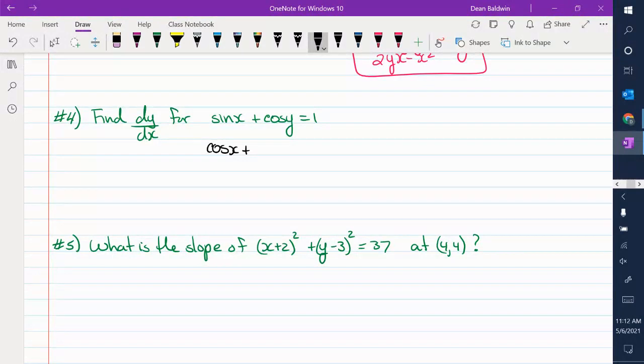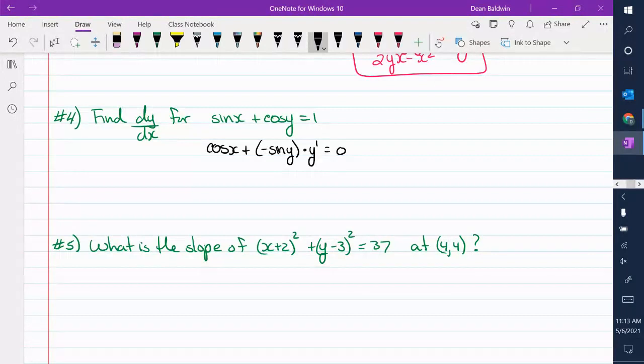So the variables do not match, so we have to use chain rule. What's the derivative of cosine? Negative sine of y times, what's the derivative of y with respect to x? y prime, equals 0 because it's a constant.